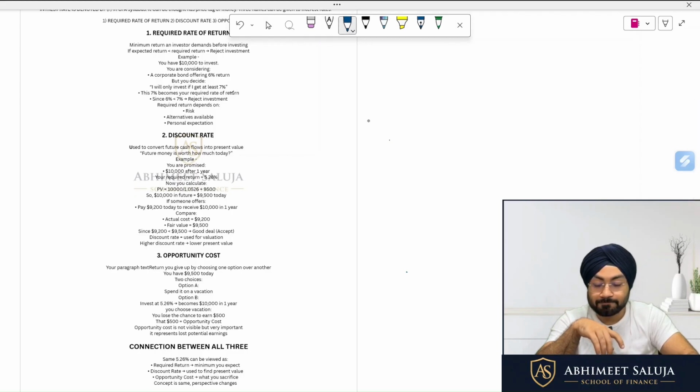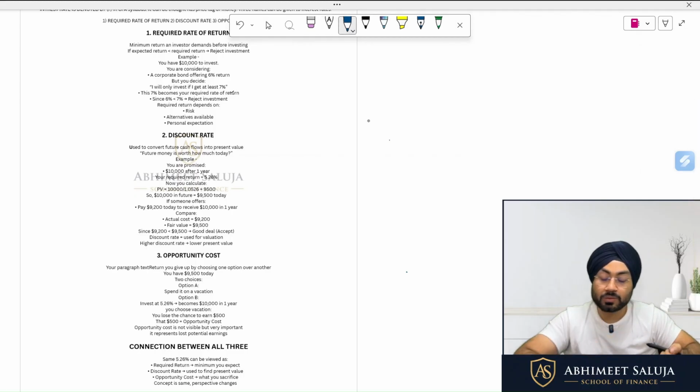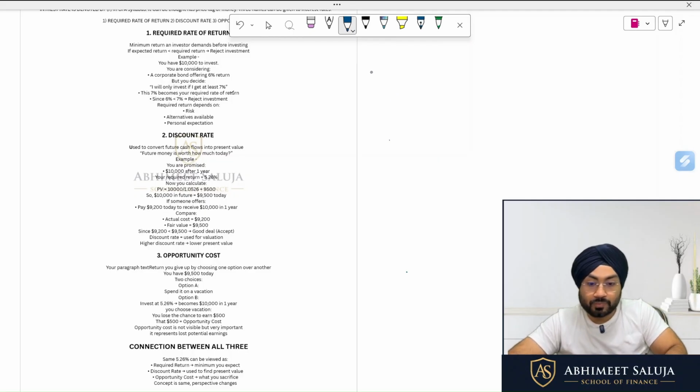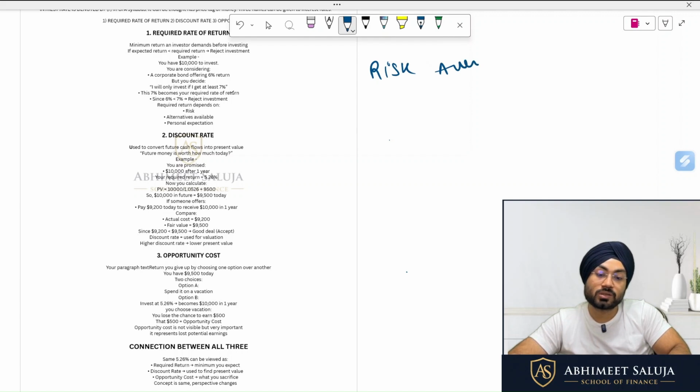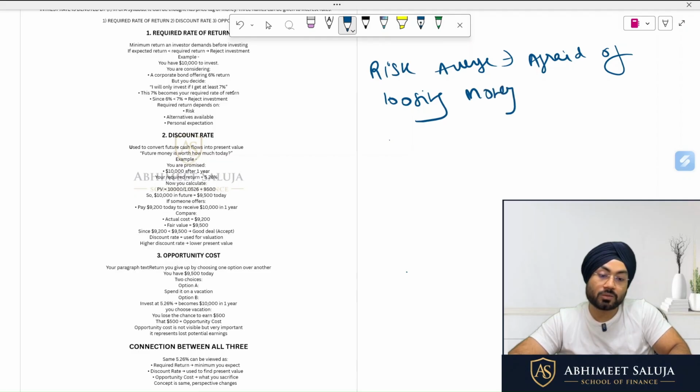Suppose a risk averse investor, afraid of losing money, wants to invest in penny stocks, lower quality stocks, cheap stocks.